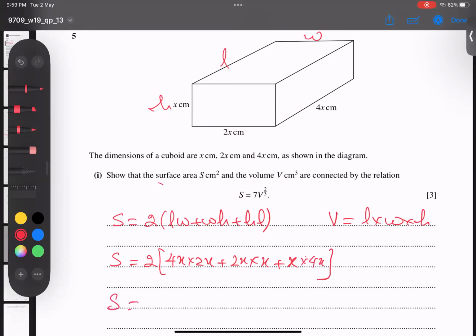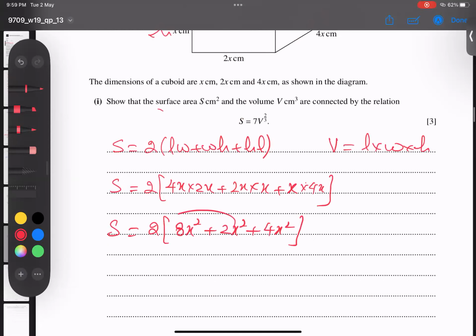If you solve it, 2 outside, here I got 8x to power 2, 2x to power 2, 4x to power 2. 8 plus 2 is 10, 10 plus 4 is 14, 14 twos are 28, x to power 2.